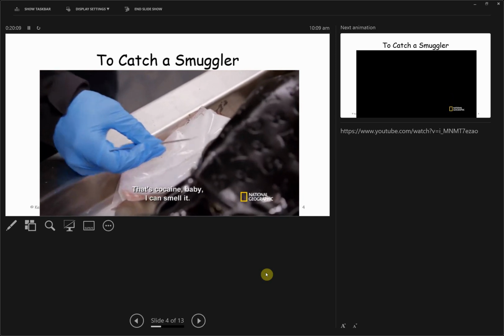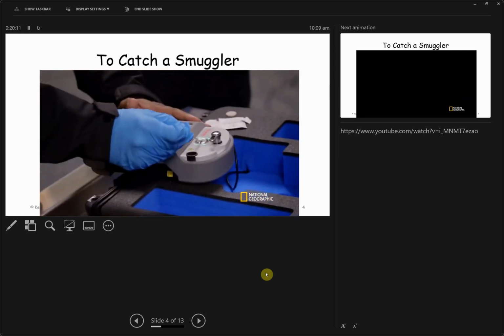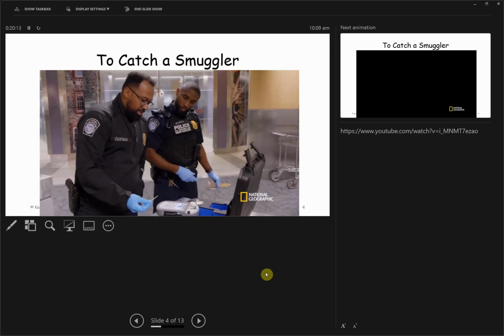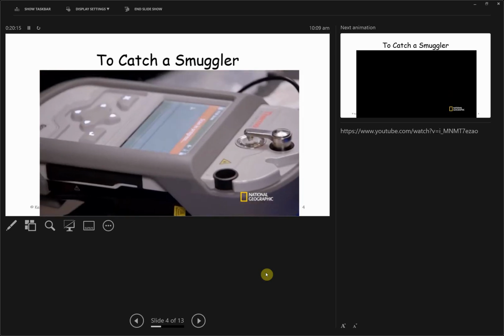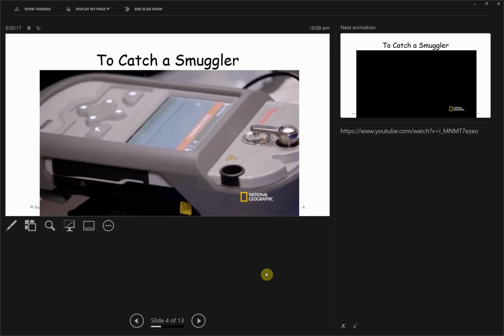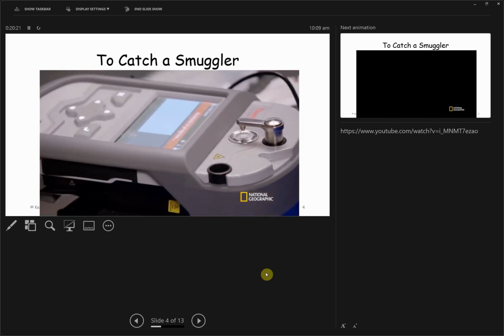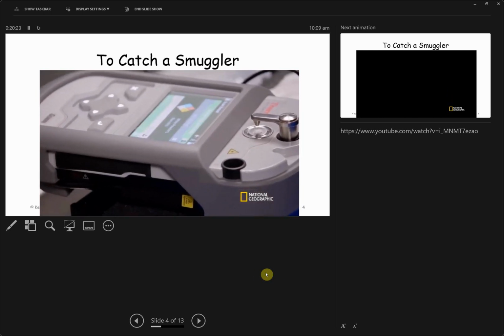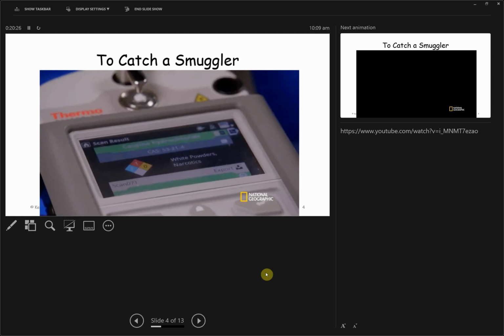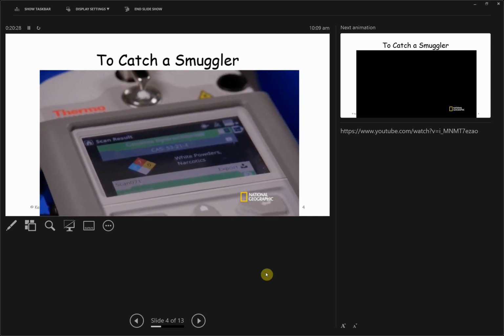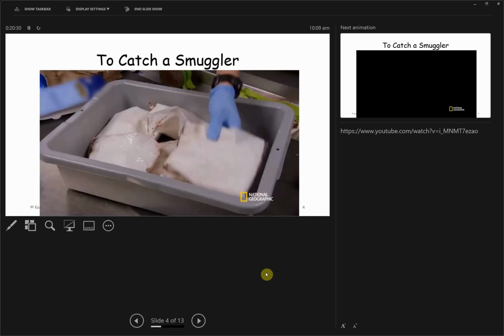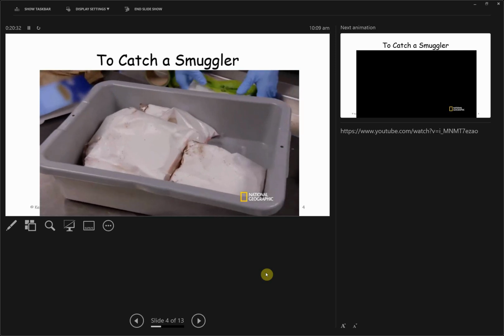I can smell it. Reading cocaine hydrochloride. So that's cocaine. It's just straight cocaine. No mixture, nothing else.